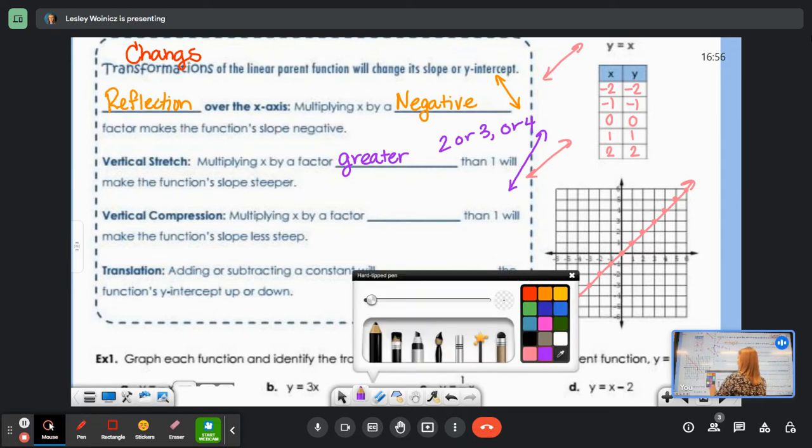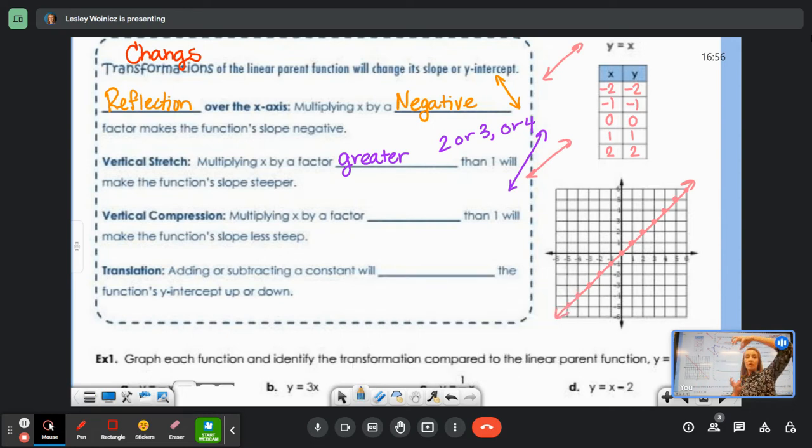The next thing I can do is instead of stretching my function vertically, I can compress it. That would be multiplying x by a factor less than 1. Less than 1 will make it less steep. If you have a slope like 1/2 or 1/3, you're going to get a flat looking slope compared to the parent.